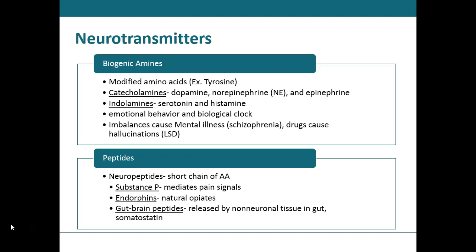Gut-related neurotransmitter peptides are released by non-neuronal tissue in the gut, such as somatostatin and cholecystokinin, that help to regulate how full you feel and when to stop eating.